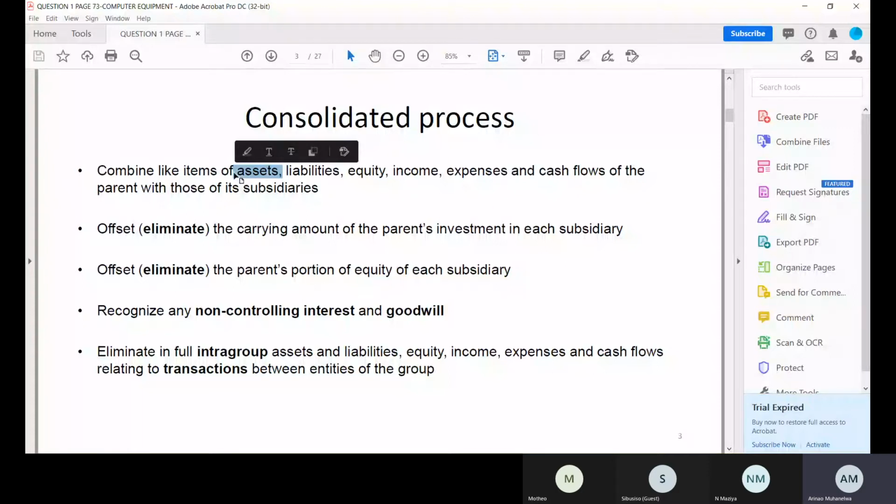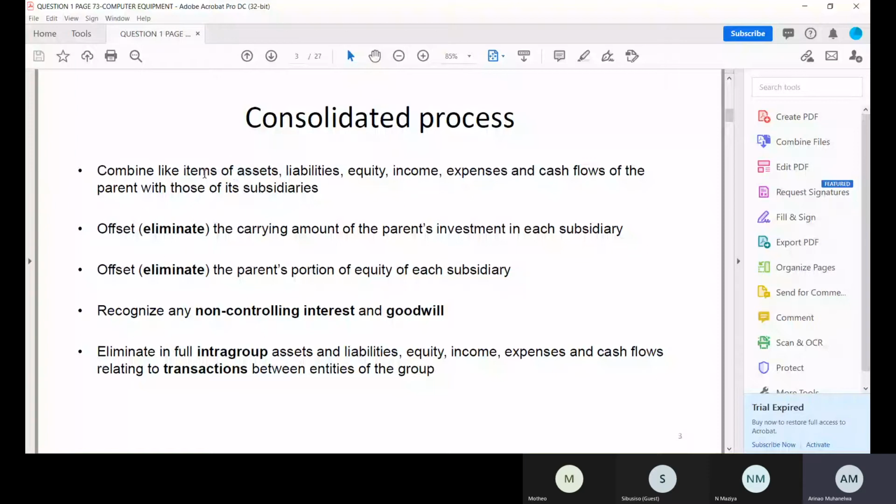For example, if they want you to prepare a statement of financial position and you have the information for the parent and the subsidiary, the first thing, as indicated in this procedure, is to just combine it. Then you add any transaction that requires an adjustment.